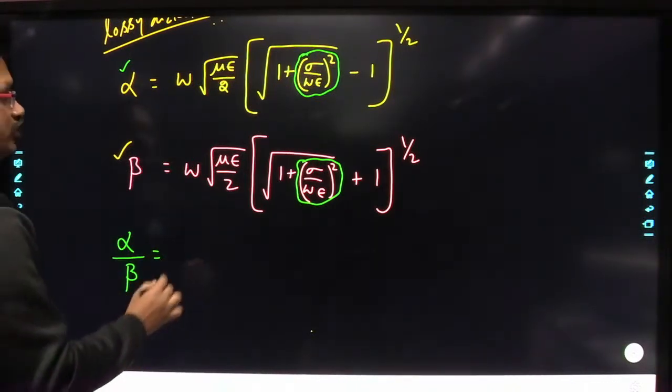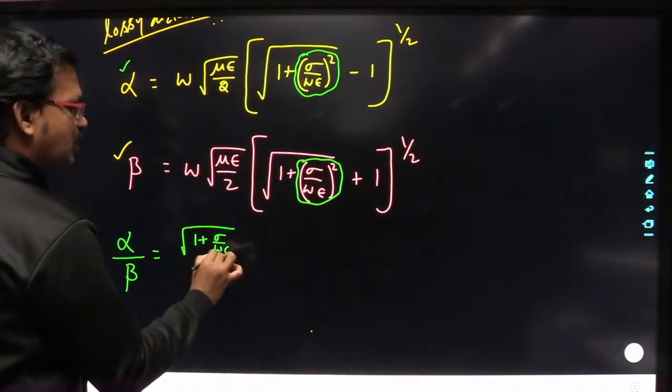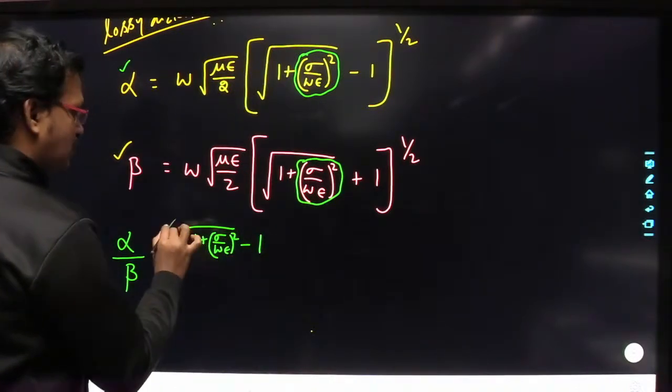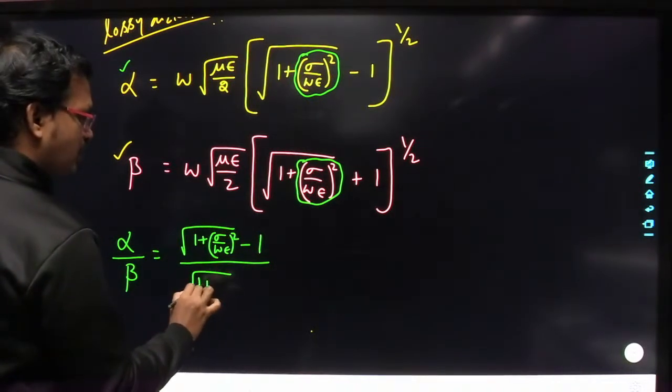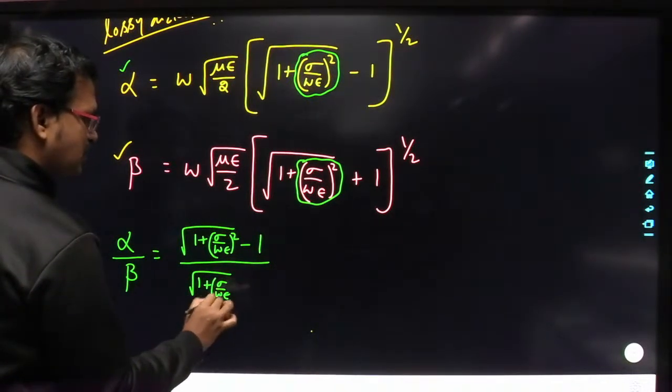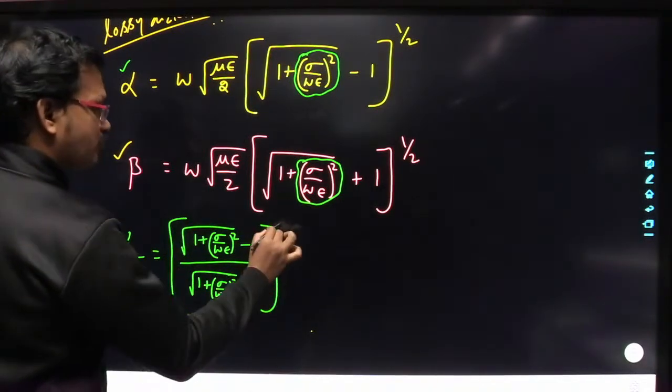So what is left is square root of 1 plus sigma by omega epsilon whole square minus 1, divided by square root of 1 plus sigma by omega epsilon whole square plus 1, whole to the power of 1 by 2.